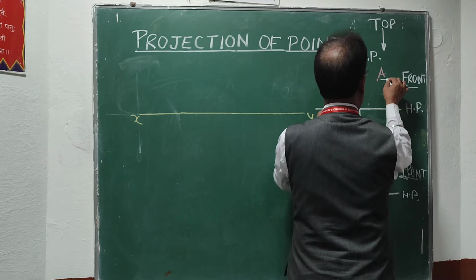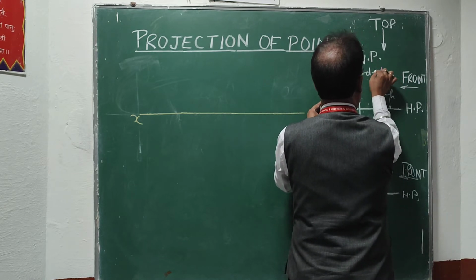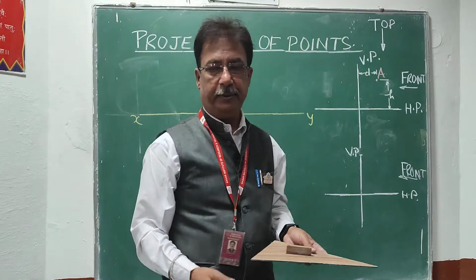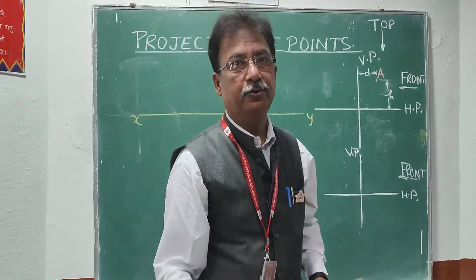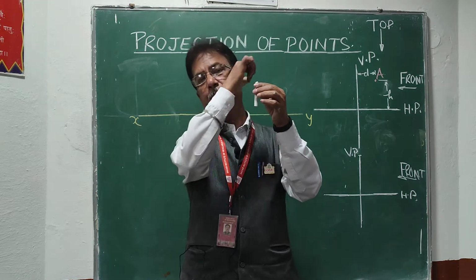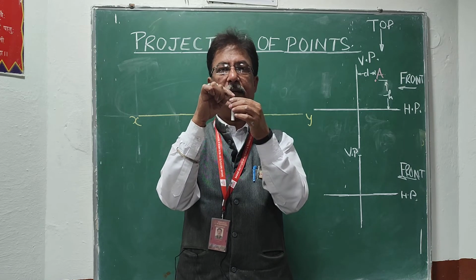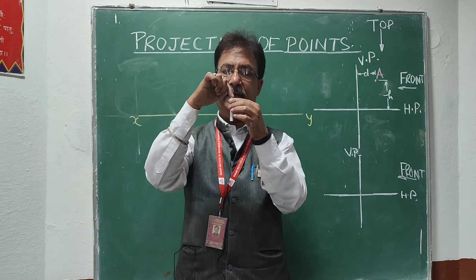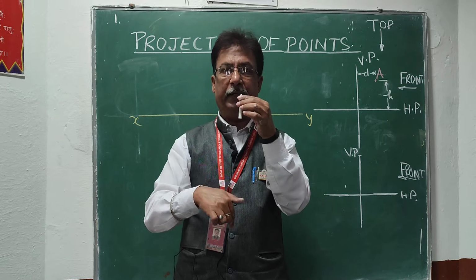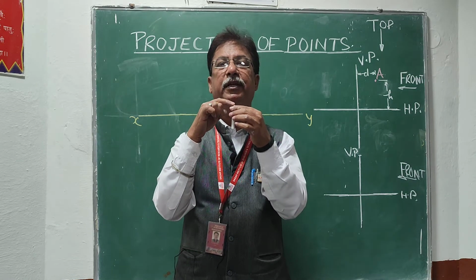So this distance is H and this distance is D. If I want to draw the front view and the top view of this point, then from this point I drop a projector on the vertical plane, where it hits the vertical plane, that is the front view. Again from this point we drop a projector on the HP, and the intersection with the HP is its top view.